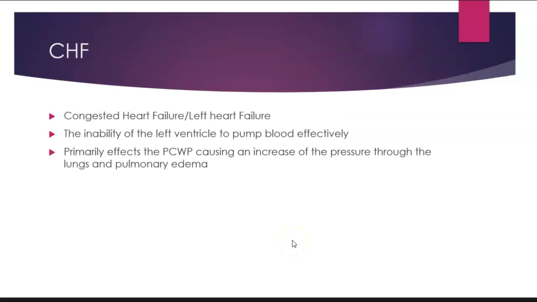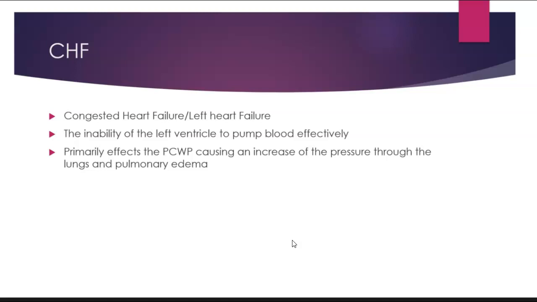Another clinical connection that we talk about is congestive heart failure. This is CHF, congestive heart failure, left-sided heart failure, or sometimes people talk about it as cardiogenic pulmonary edema. This happens when the left ventricle is unable to pump the blood effectively. That can again be because the contractility of the left ventricle is decreased, or because the systemic vascular resistance is increased, something that's going to cause that blood to not want to go.